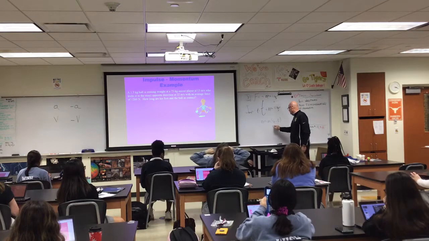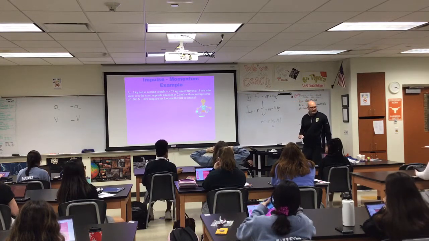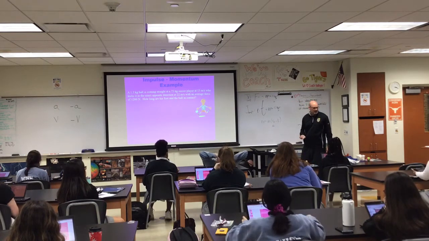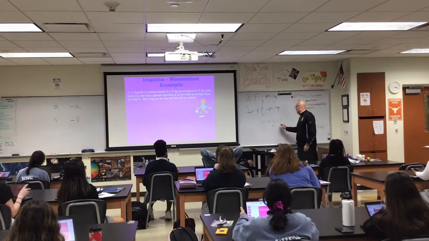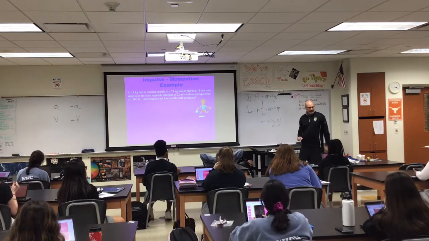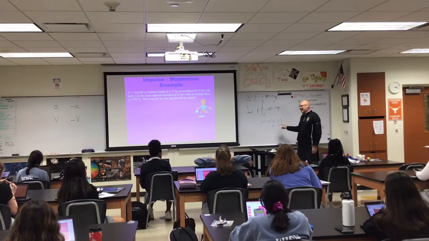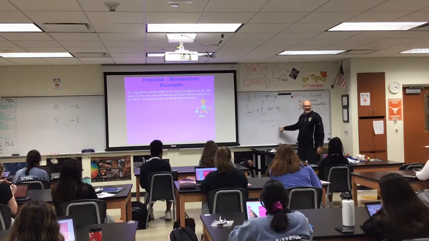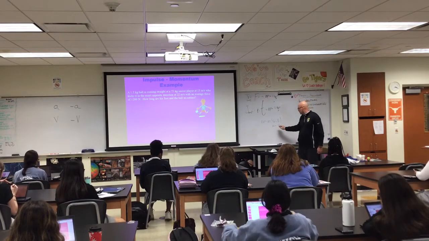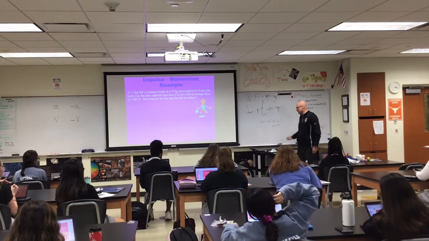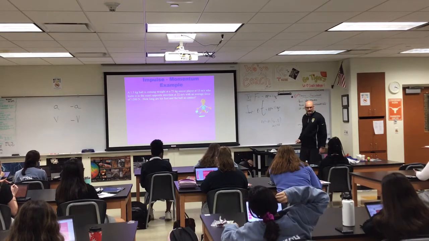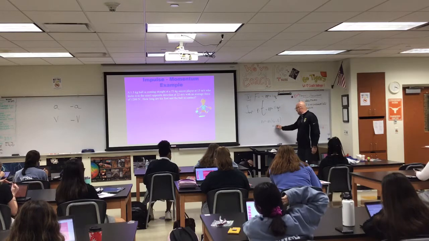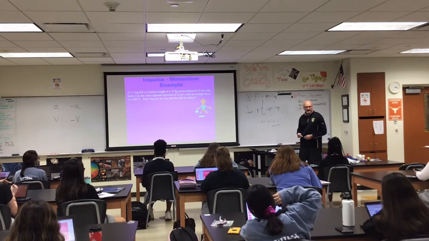VF is 22, right? Isn't that the final velocity of the ball, 22? VI is 13, right? But VI is opposite 22. So it should be 22 minus negative 13, which becomes 22 plus 13.